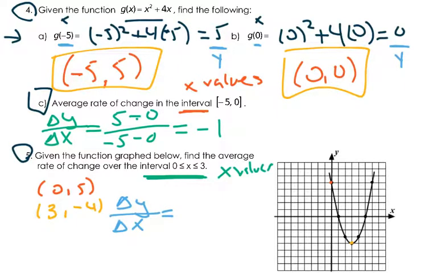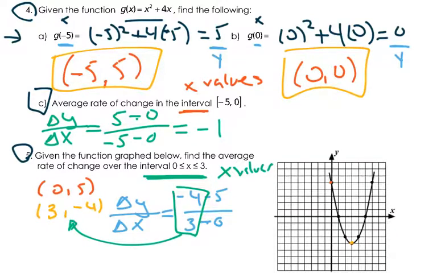And I'm just going to go this time with negative 4 minus 5 over 3 minus 0. Again, remember, the order doesn't matter as long as these two are the same pair. And once you do that, the answer here is negative 3. I'm just going to box my answers.